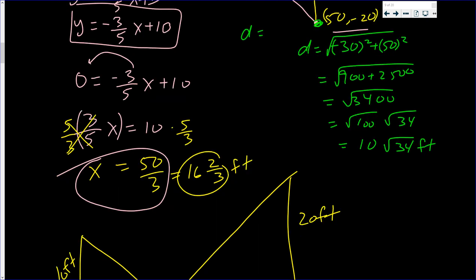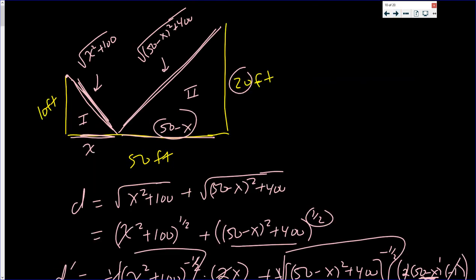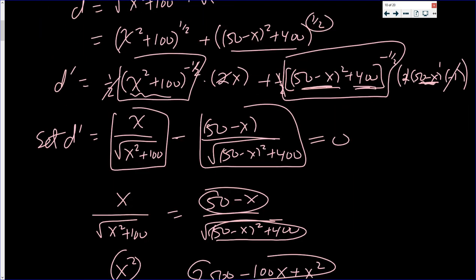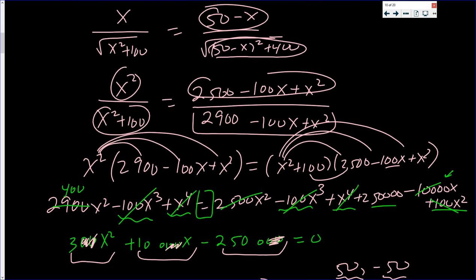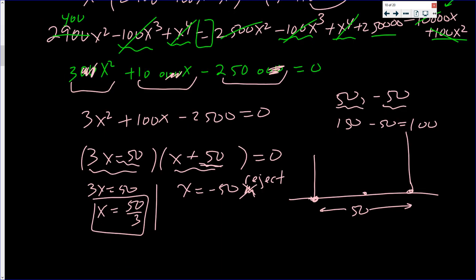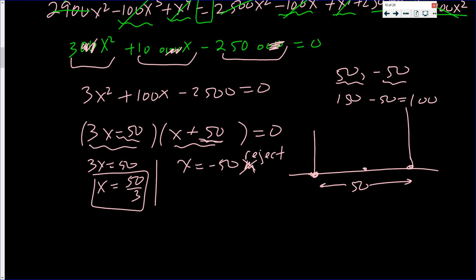Okay, so we got the same answer, one using calculus and one using basic algebra. In my opinion, the calculus was a nightmare. Just for completeness, this is 50 over 3 feet, which is 16 2/3 feet. So we got the same answer, but the calculus was a lot harder.